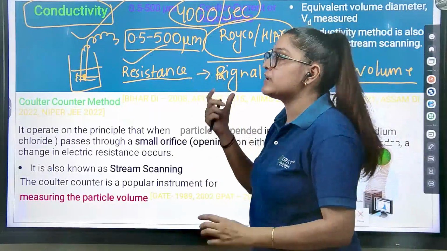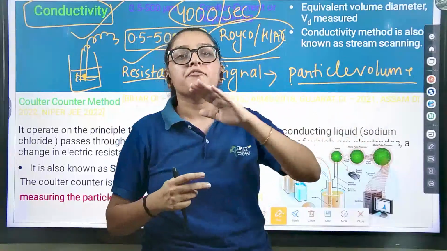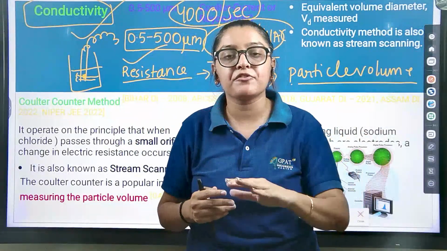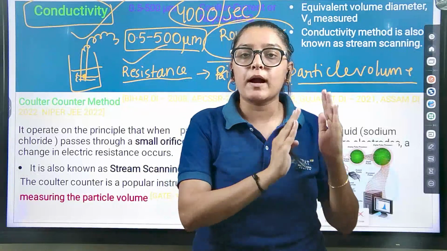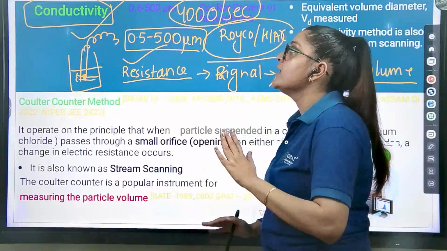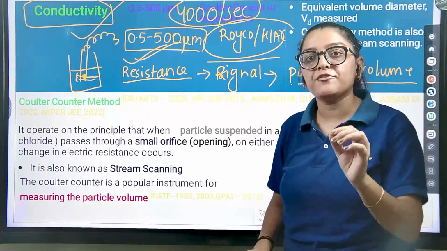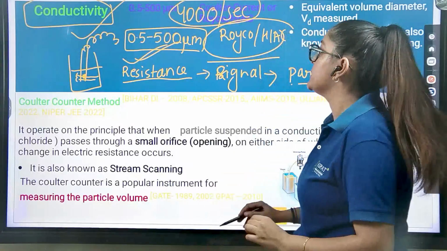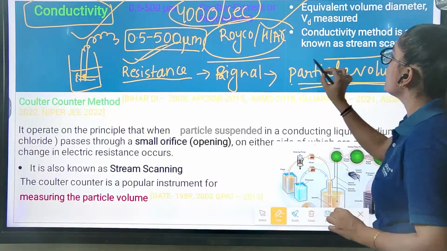This signal will be interpreted, and the final result will be the particle volume. Whatever you get, particle diameter, weight, number, count, volume, all can be converted into particle size, their diameters, with specific equations. Okay. Then we have important, that is the size range 0.5 to 500 micrometer, the name of the instrument, as well as that it measures the particle volume.